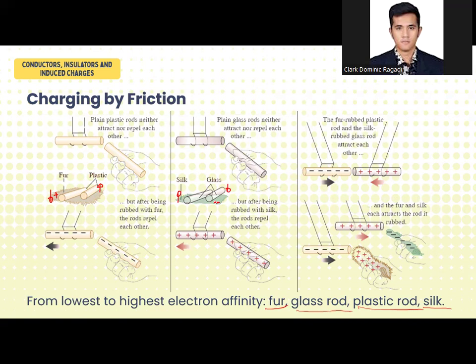And if you put together the plastic rod and the glass rod after rubbing, they would actually attract because the plastic rod is negative and the glass rod is positive. The same is true when you put together the glass rod and the silk, and the plastic rod and the fur. Okay? So that's charging by friction.